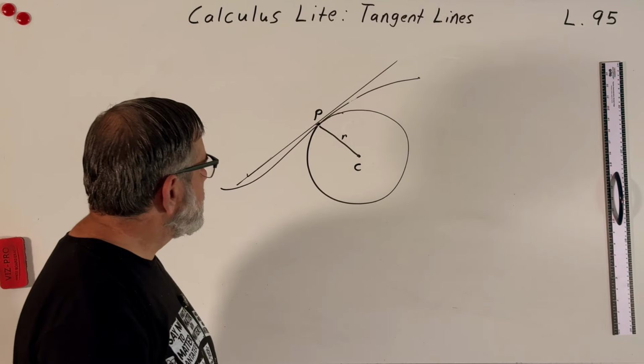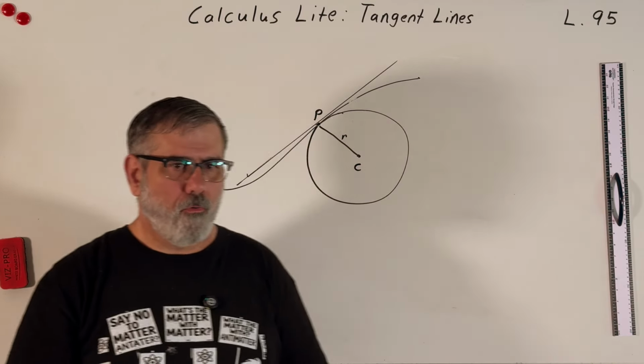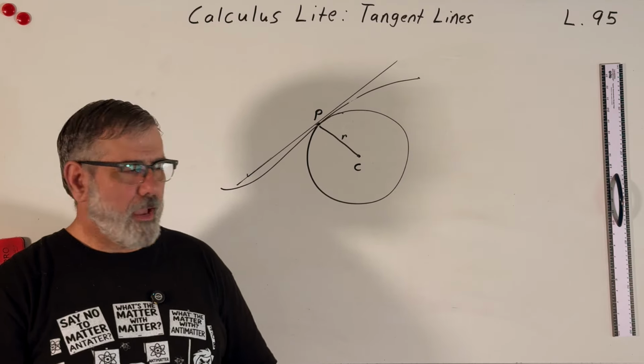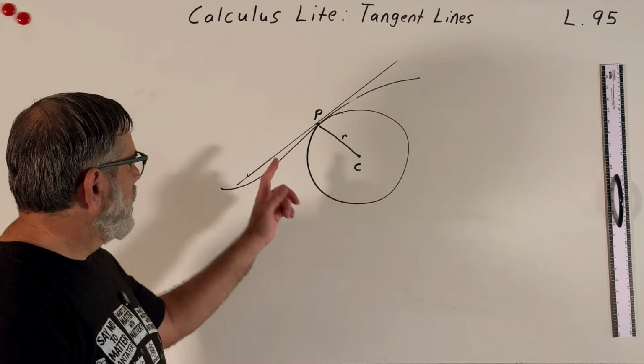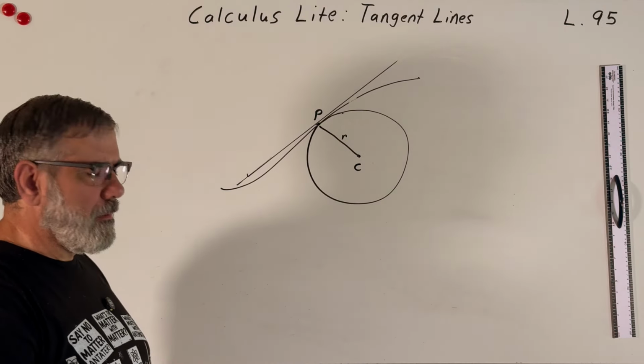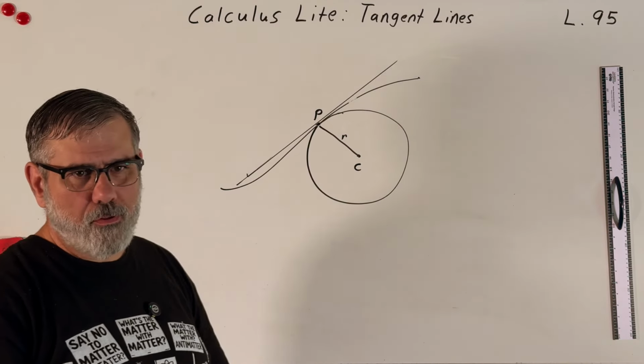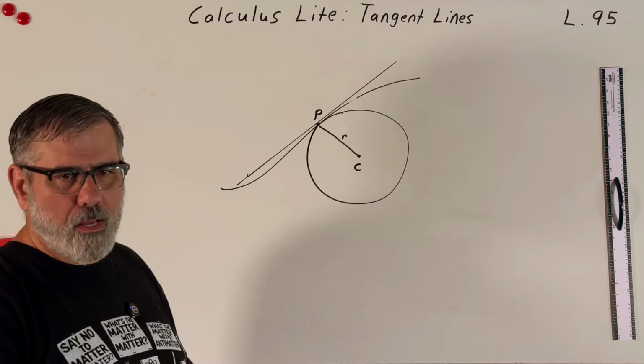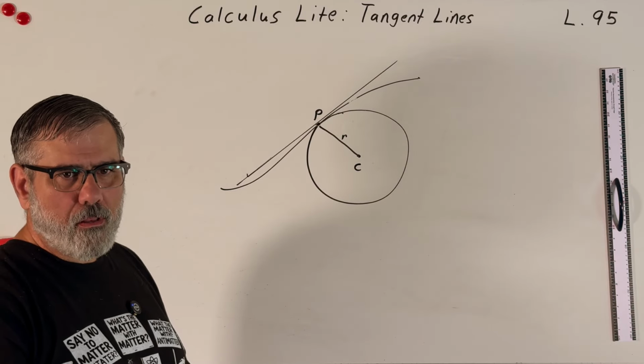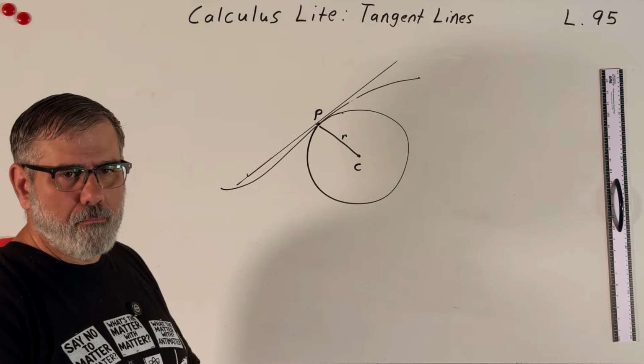And this is how they would have done it before Newton and the calculus that he invented. And I think it was Viete, I'm not sure who it was, that devised a procedure for finding the centers of these circles that will touch these curves in just this way so that you can then find a tangent line to the point on that curve, okay?